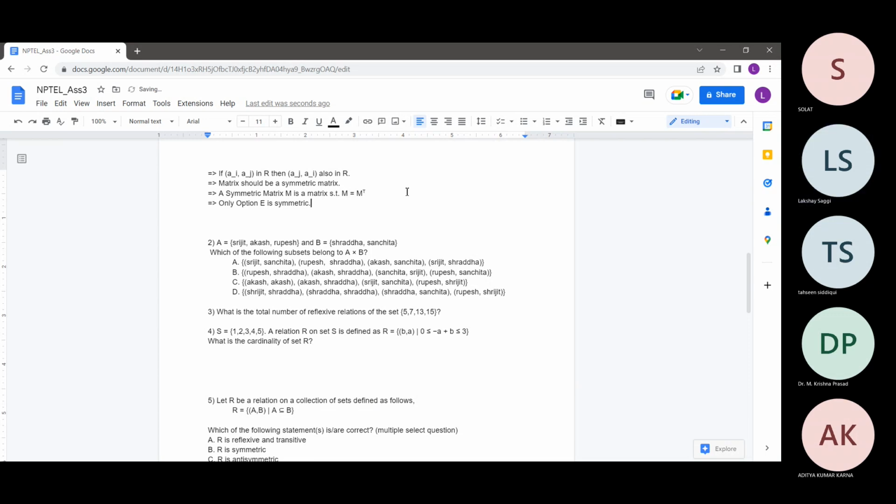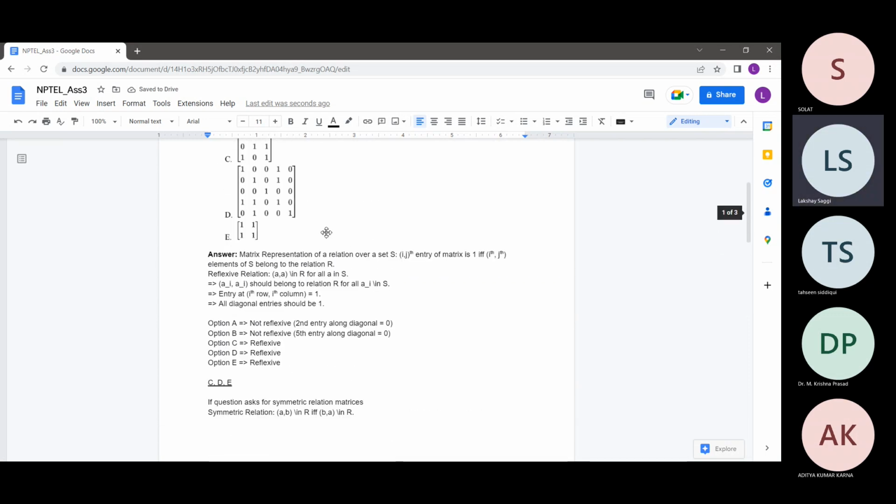So yeah, I would say straightforward. Let us also assume, as a side note, that even if we had the entry 0 along the primary diagonal in option E, so instead the matrix was 0, 1 and 1, 0, then also the matrix would have been symmetric. In that case, the matrix would not have been reflexive since the diagonal entry should be 1 in reflexive, but it would still be a symmetric matrix as the transpose of a matrix is equal to the matrix itself.